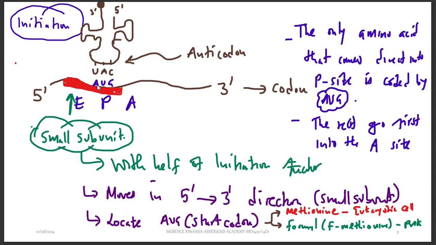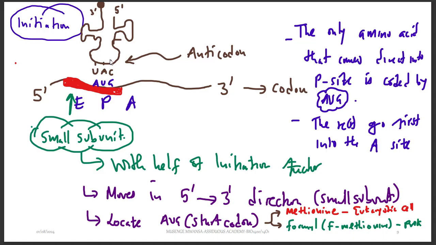But on the tRNA, we know that A pairs up with U, and G pairs up with C. So the amino acid being brought should be brought by the tRNA that has the anticodon that is complementary to the codon. So if the codon is AUG, the anticodon, anti just means opposite, should be complementary. It should be pairing up with the codon.